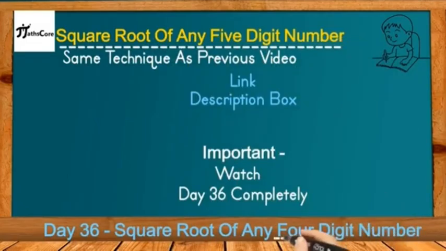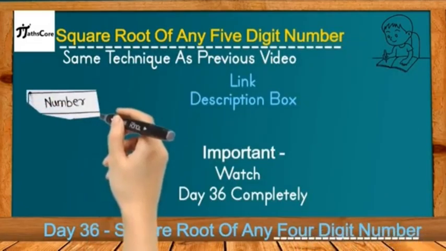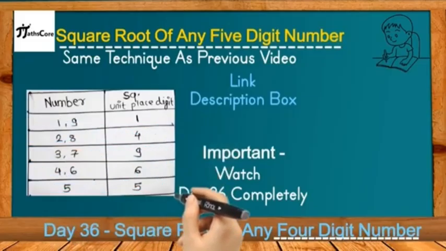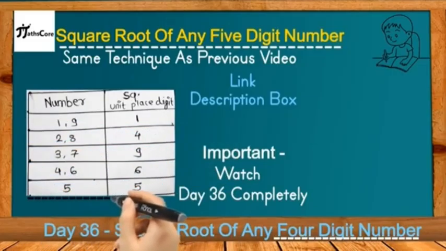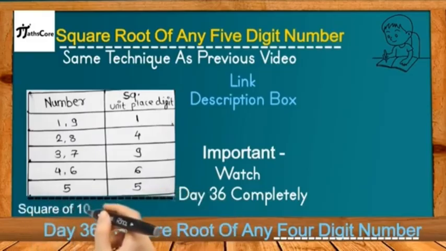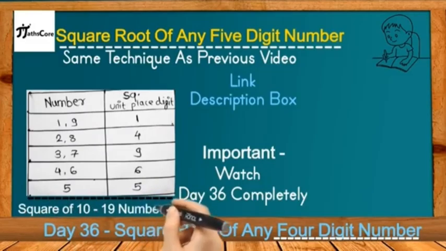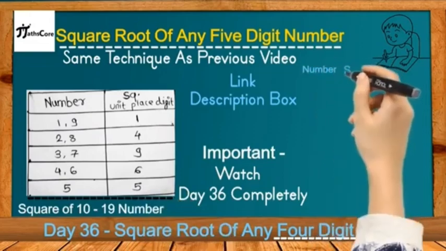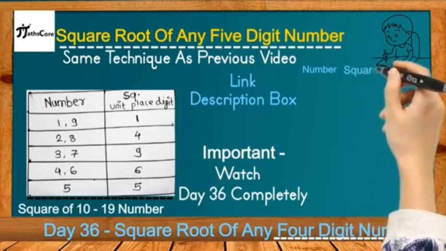If you seen previous video, then you will understand to find out square root of any 4-digit number, we need to use square of 1 to 9 digit and a table which we have made in previous video. So here also we have to use same table, but instead of square of 1 to 9 digit, we need to use square of 10 to 19 number. For that, you should know 10 to 19 number square very well.